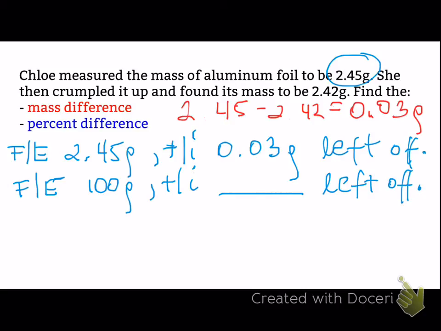Okay, so the trick to doing this problem is to figure out what the difference is between these two numbers and applying that ratio to these two numbers as well. Okay, so I don't like to deal with numbers that are bigger than 1. I always like to kind of bring them down to 1.